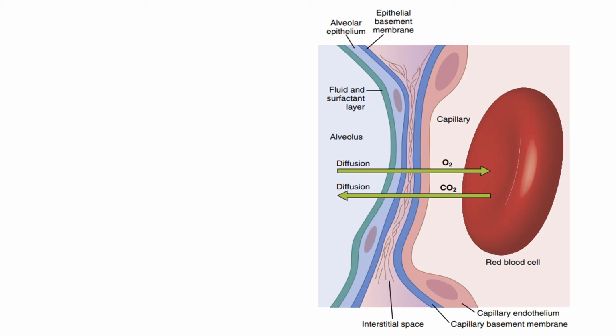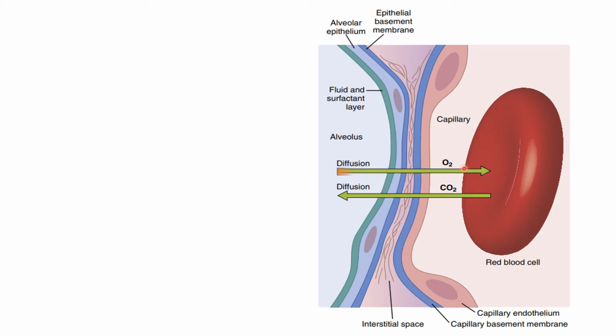I think I will explain this with the help of this diagram. Here in this diagram we can see the alveolus, and here we have a capillary which contains the red blood cell. Now in the lungs the concentration of oxygen is higher, so there will be diffusion of oxygen from the lungs to the RBC, and this oxygen will bind to the hemoglobin.